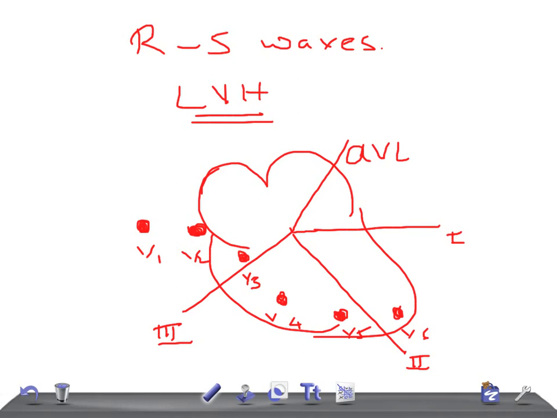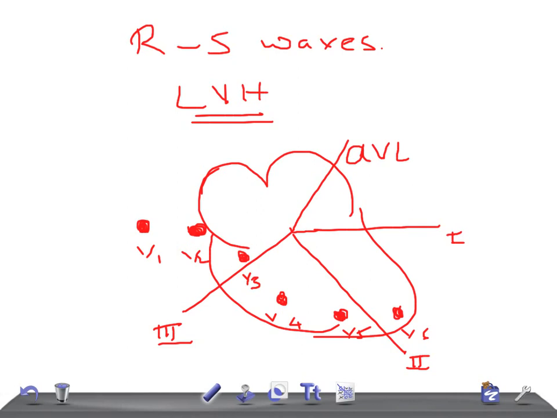Now, hypertrophy of the left ventricle, what does it cause? It causes, remember, tall R waves. We know the basic rule: the R waves, even if they are normally taller, should not exceed the size of 25 millimeter, and the depth of the S wave should not exceed 25 millimeter.